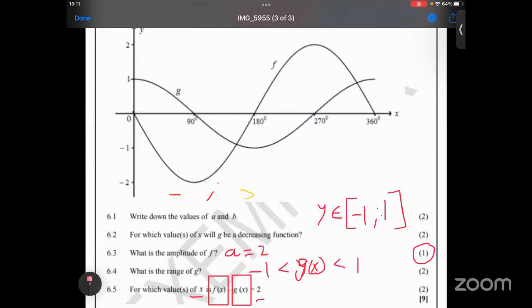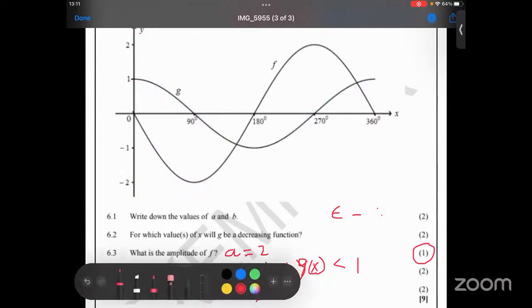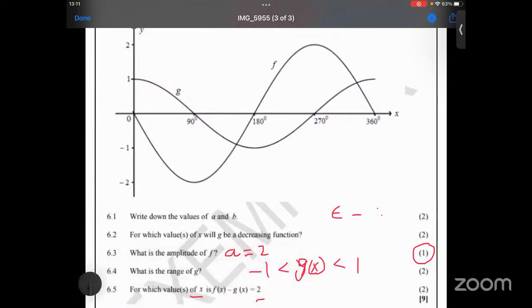Definitely an important question, and chances are high that you may find that it's not an easy one, because you need to look for a section whereby the difference between the y value of F and the y value of G will give you that 2. The difference will be 2, positive 2.